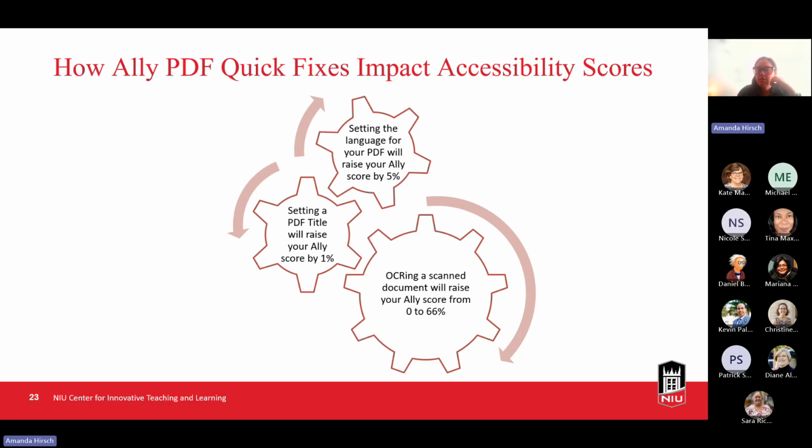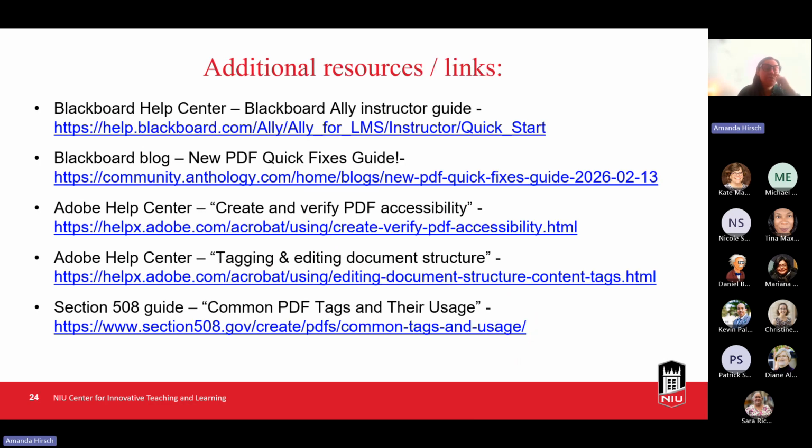Previous slide. So some additional resources and links here, and you can click these if you're in the session today, you can click them right on your screen and go to them, but I will also send this list to you in my follow-up email later this afternoon. So there's a Blackboard Ally instructor guide, there's a new PDF quick fixes guide, and that includes a lot of the similar information that I gave you today.